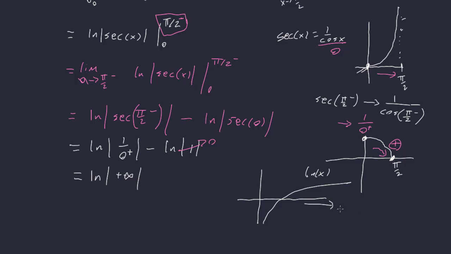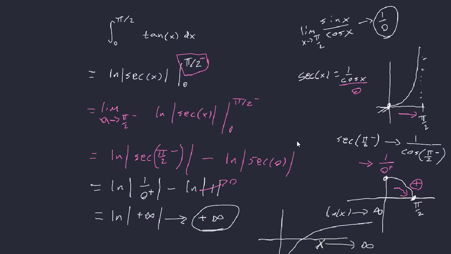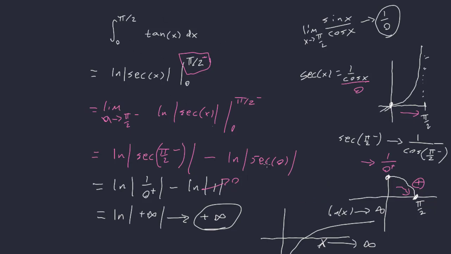So as x goes to infinity, natural log goes to infinity. So this goes to a positive infinity. Okay, so it turns out that this integral diverges.